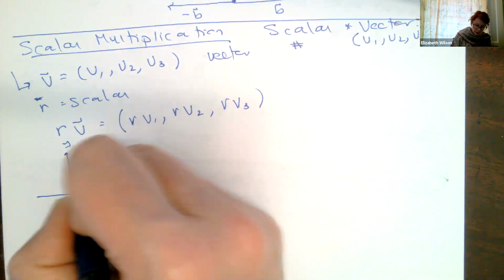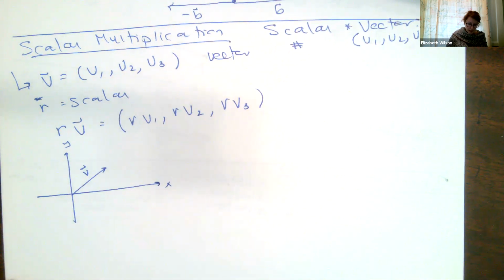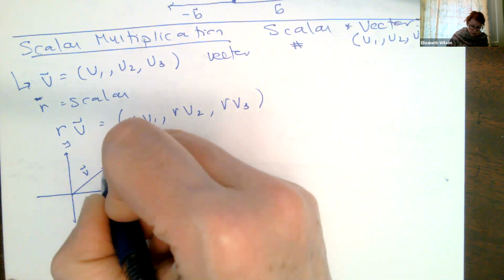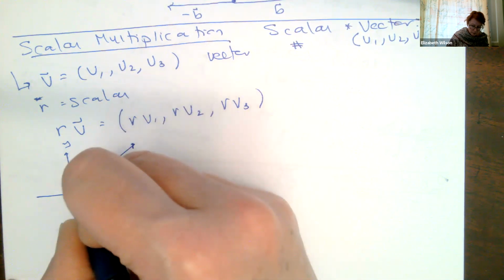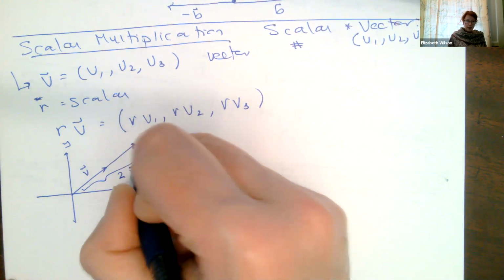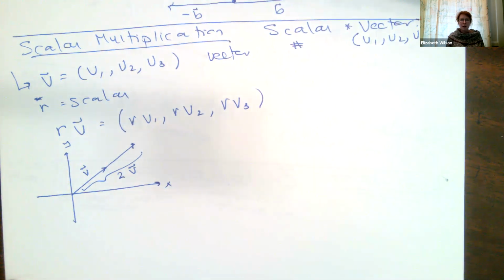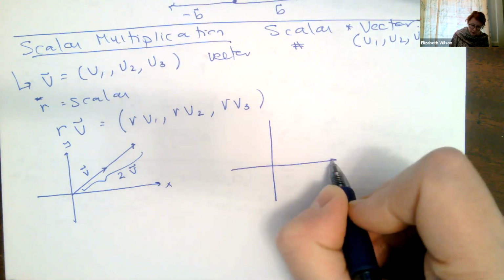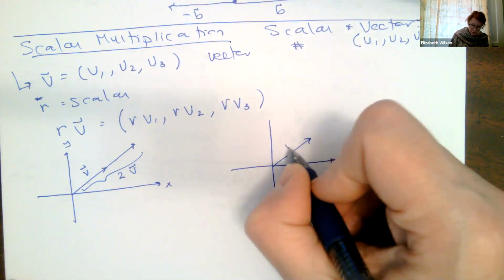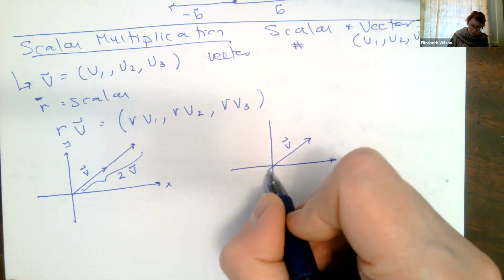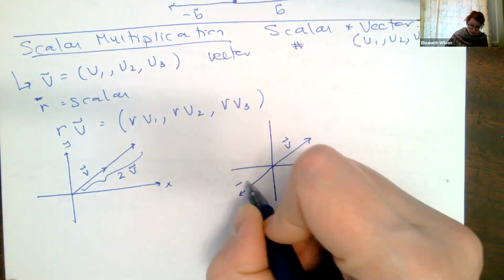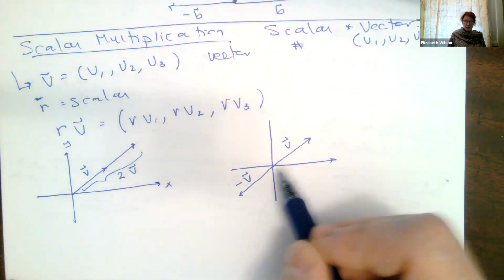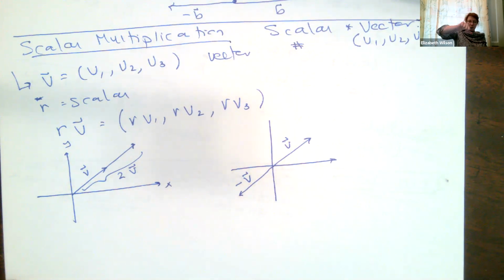Say I've got my v right here, and I'm going to multiply by 2. So I've got a vector that's 2 times v. So this is 2v. It's a vector that's twice as long as my original vector. If I want to multiply by a negative number, here's my v, and here's minus v. It's the same thing as v, only pointing in the opposite direction.